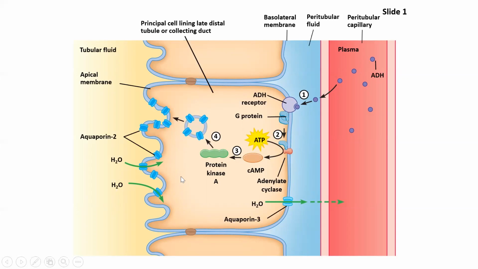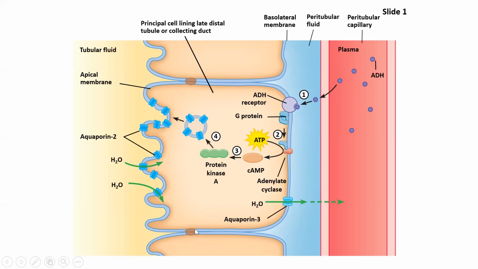Now, when they're inserted into the membrane, remember what an aquaporin 2 channel is. It's simply a water channel. So if we have more of these channels in the membrane, we can reabsorb more water across the apical surface. If you remember, I also talked about aquaporin 3 channels. These are also aquaporin channels, but they are always present in the basolateral surface.